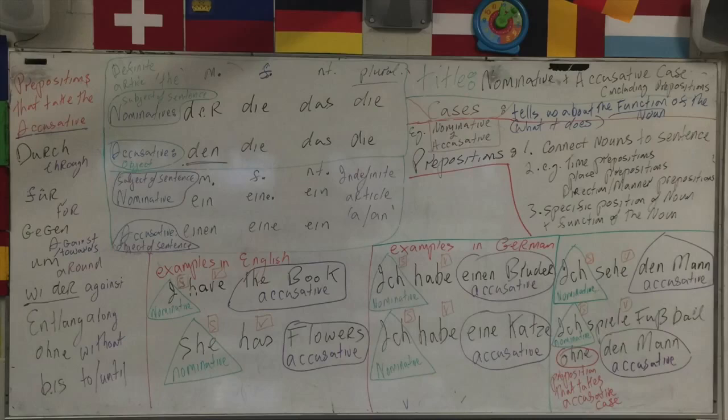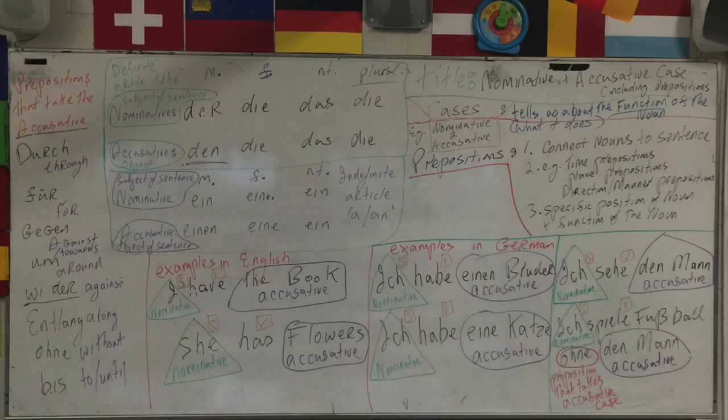So, durch, für, gegen, um, wider, entlang, ohne, bis. Okay? Durch is through, für is for, gegen is against or towards, um is around, wider is against, entlang is along, ohne is without, and bis is to or until.